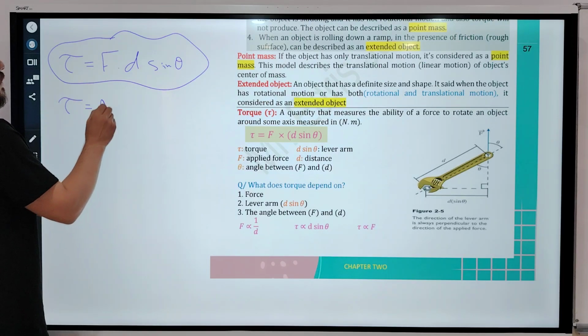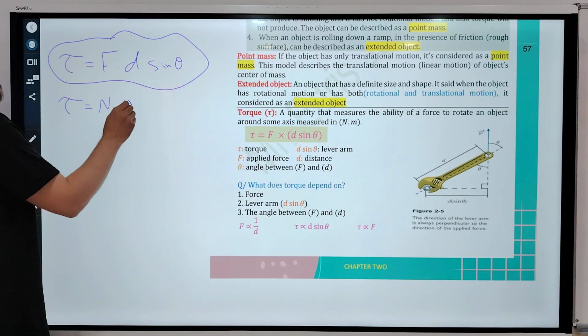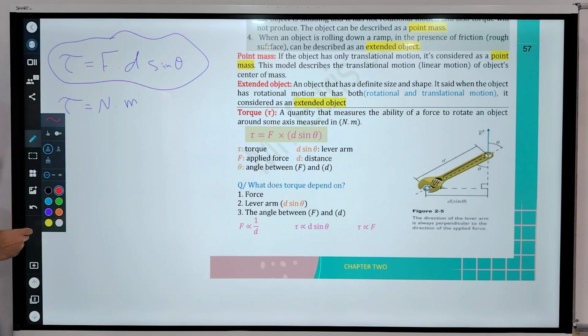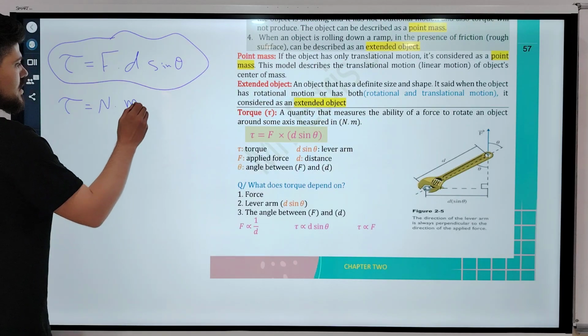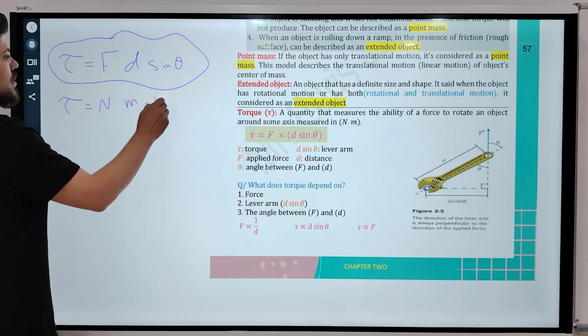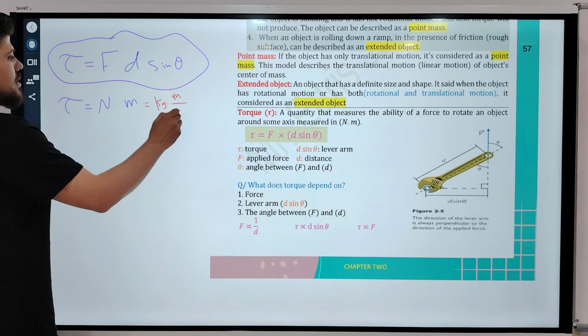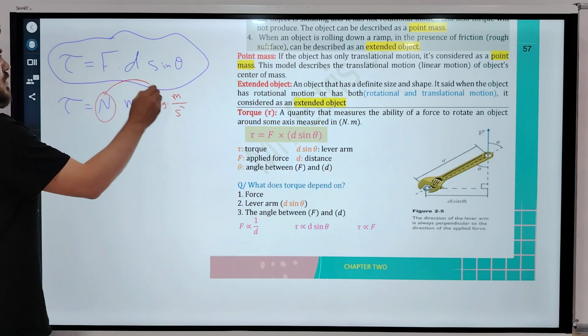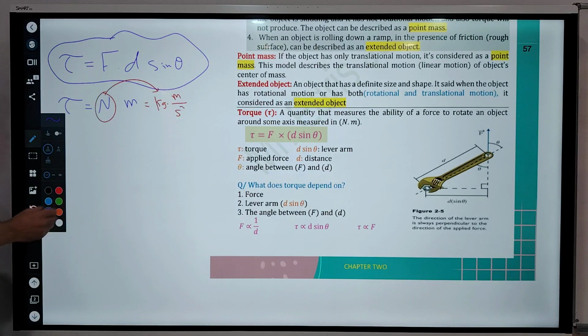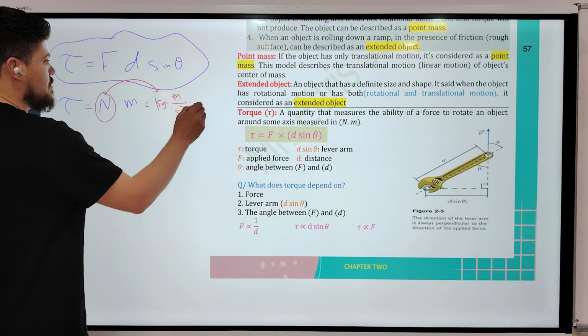Force is measured in what? Newton. d is measured in what? Meter. So for another unit, we can open the newton, which is equal to what? Kilogram meter per second square. Instead of newton, write down kilogram meter per second square, and what remains? Meter.